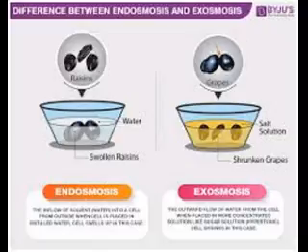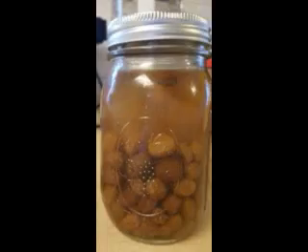Exo means exit or outside or outward. That is the outward flow of water from the cell when placed in a more concentrated solution, called exoosmosis. For example, a solution like sugar solution. So when a cell is placed in a sugar solution or maybe a salt solution, then the cell shrinks in this case due to exoosmosis.